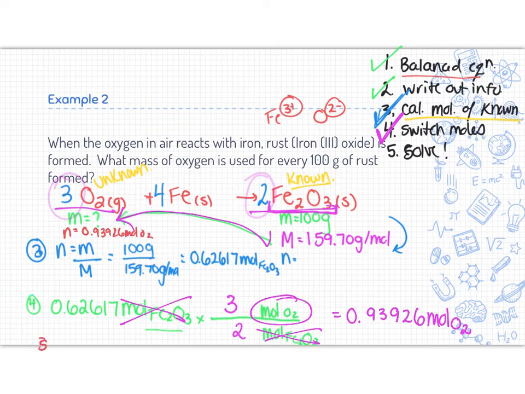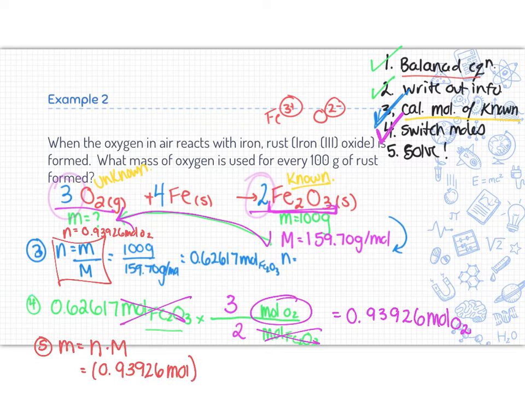So our 5th step is to solve for mass. I'm going to use this exact same formula, just rearranged to solve for mass this time because I have moles and I can very easily get the molar mass. So moles are what we just calculated, 0.93926.